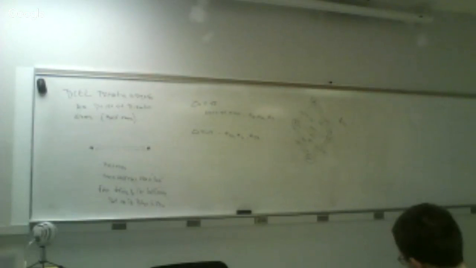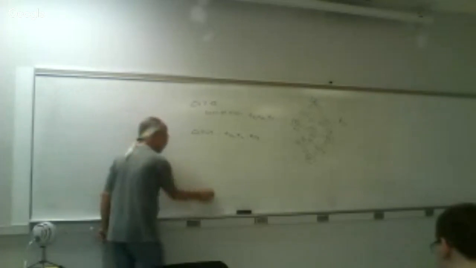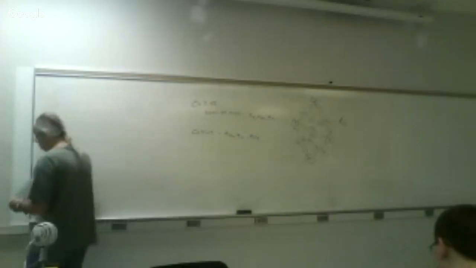So this half edge business is the basis for this doubly connected edge list data structure. And what we do is we keep track of vertices, half edges, and faces.